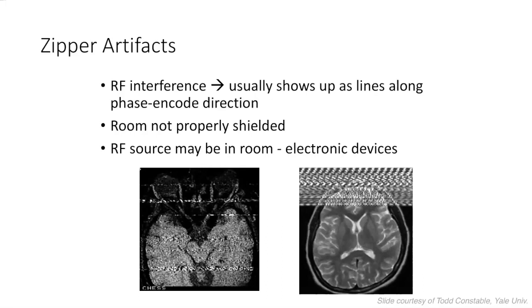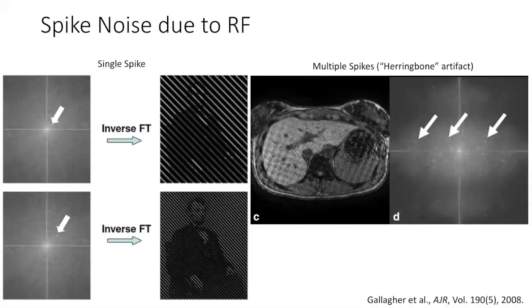Another similar artifact is just a simple spike within your K-space due to RF interference. And again, it's important to remember that you're going to have this inverse relationship between K-space and image space, where this tiny little increased intensity shown with the white arrows results in this huge artifact in your image space after you do the Fourier transform.